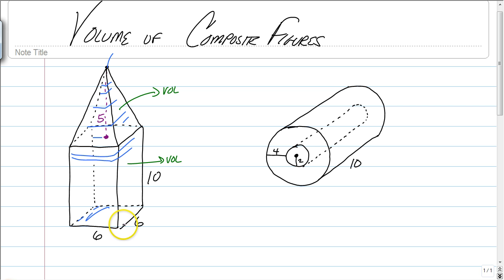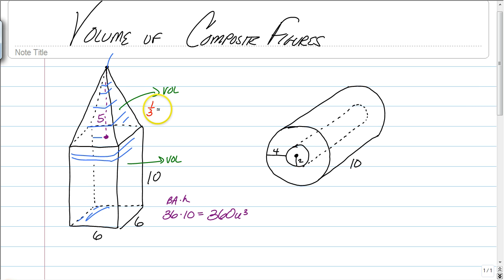To find the volume of a prism, you just need to find the base area, multiply it by the height. So our base area is 6 by 6, so it's 36 times the height of 10. The volume of the prism is 360 units cubed. And then once we get to the pyramid, remember the formula changes just slightly.